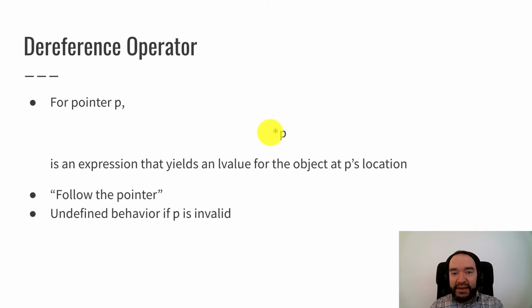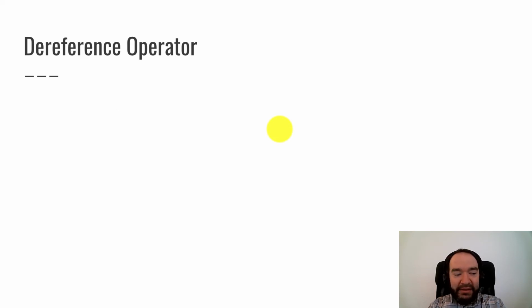But in practice, what undefined behavior almost always means is the program crashes, probably with a segmentation fault error. So if p is an invalid pointer and you try to dereference it, that's some illegal location, and the operating system usually intervenes and says, hey, you're not allowed to access that memory location, and it shuts down your program to prevent it from causing any further damage.